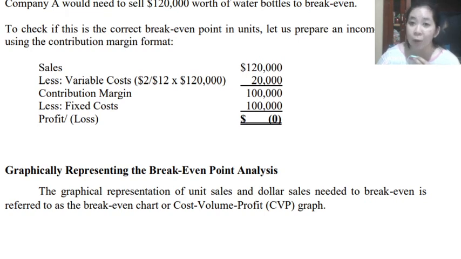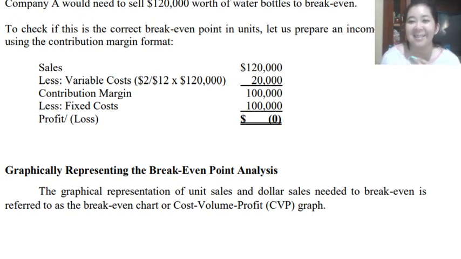Less variable cost. In this case, for example, you did not know how many units were sold. So what we will do is to get the variable cost ratio. How do we determine your variable cost ratio? This is simply dividing your variable cost per unit by the selling price per unit.